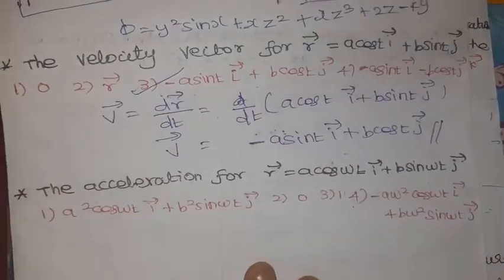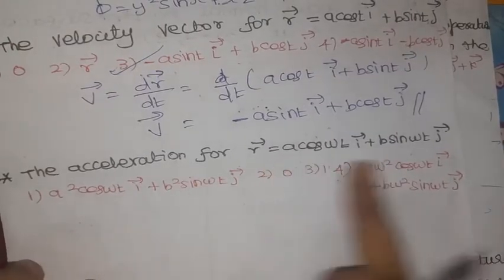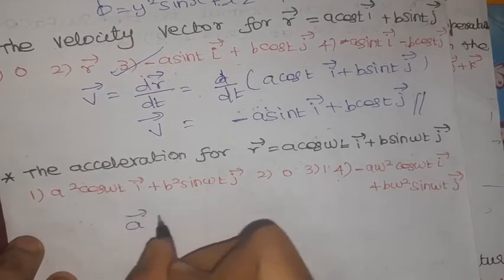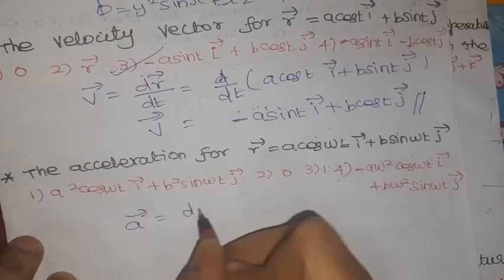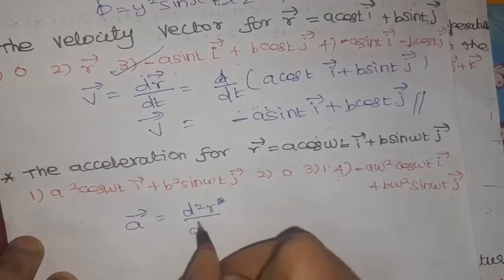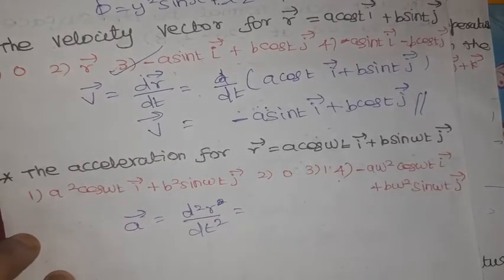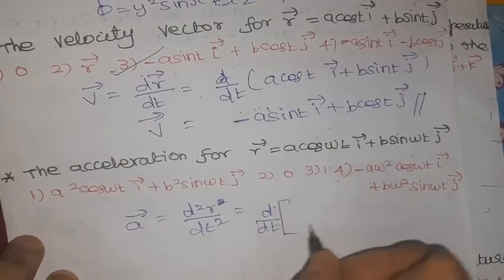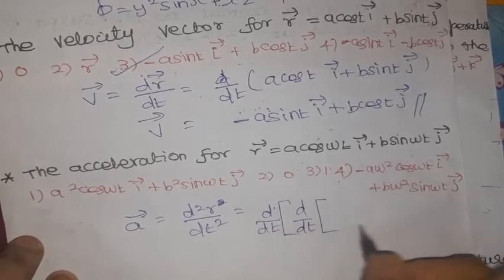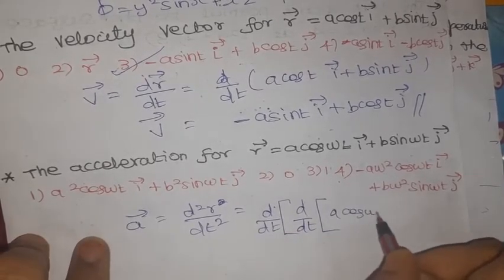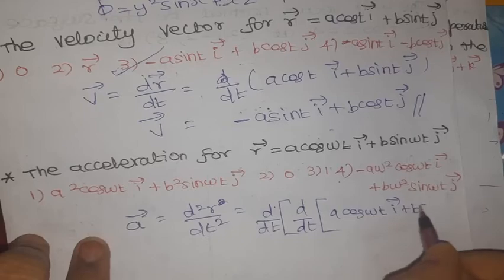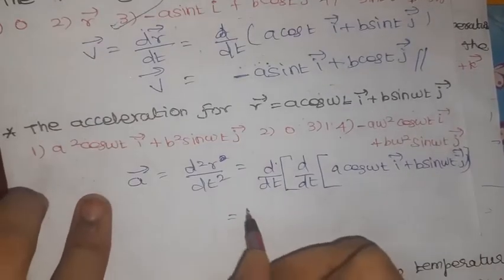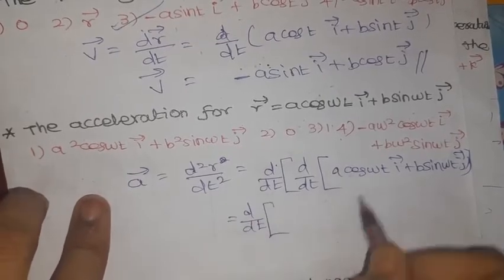Then here, see the acceleration for the given vector. So acceleration is nothing but d squared r by dt squared. This is distance. So d/dt of the given, differentiate two times, a cos omega t i plus b sin omega t j. First differentiate one time. What will we get?